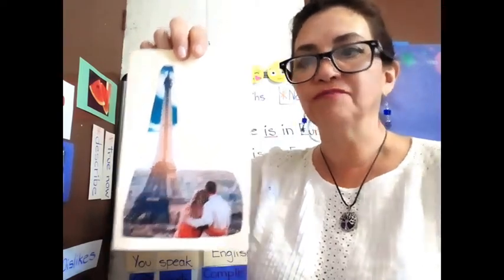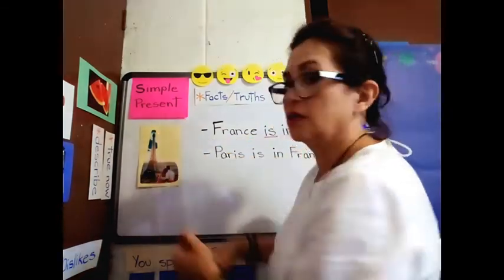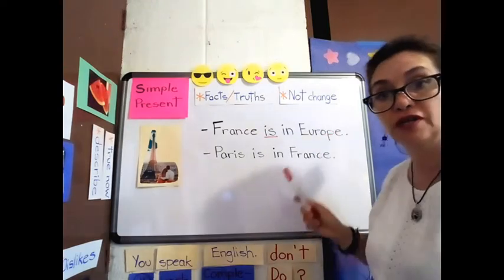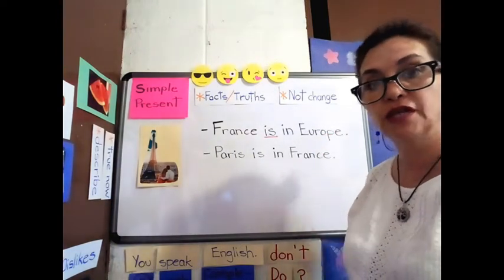Let's talk about now another use of verbs in simple present. Facts, truths, things that don't change, things that everybody knows. For example, France is in Europe. Can you read the sentence? France is in Europe.